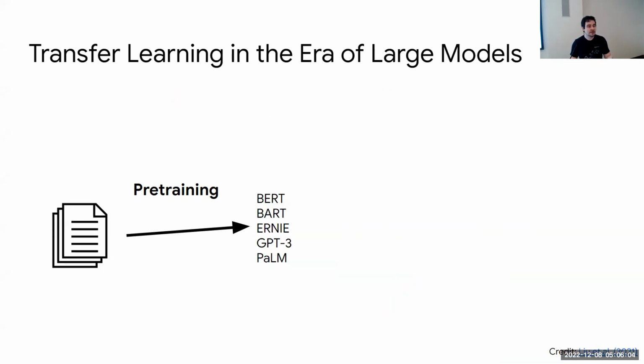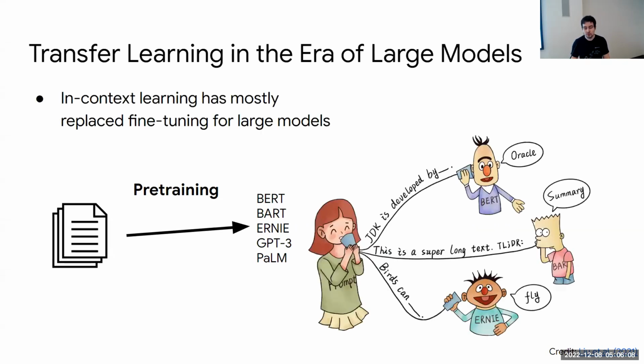As a result, a lot of work, at least with regard to these large models, has shifted to something that you're probably all familiar with: in-context learning, where you, as a human or researcher, write a prompt for a given task and perform in-context updates using this model and this prompt.